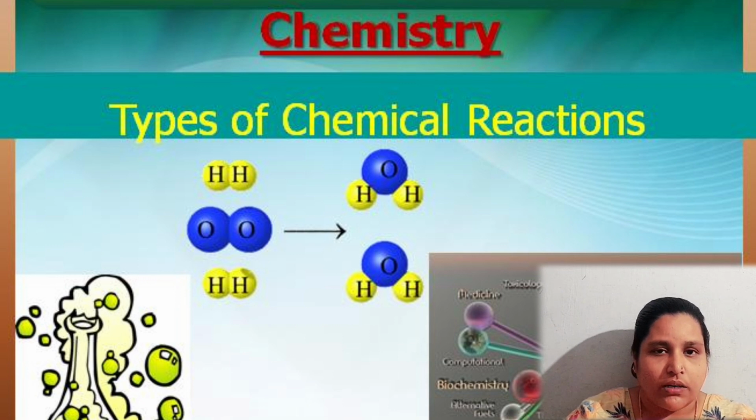Add distilled water to some zinc dust taken in a test tube. Then add some dilute hydrochloric acid to this zinc dust. The zinc dust and hydrochloric acid react and form zinc chloride, and hydrogen is liberated.